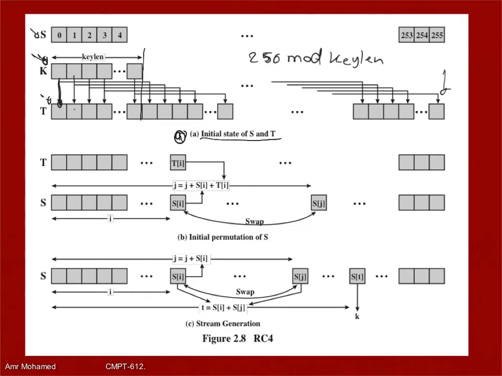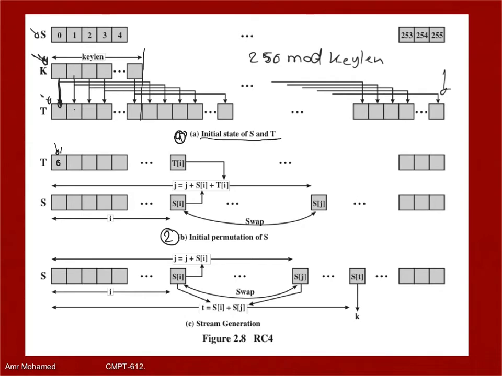Second step, we will do one fixed size permutation, which means that for each element in T, we start with element number 0.